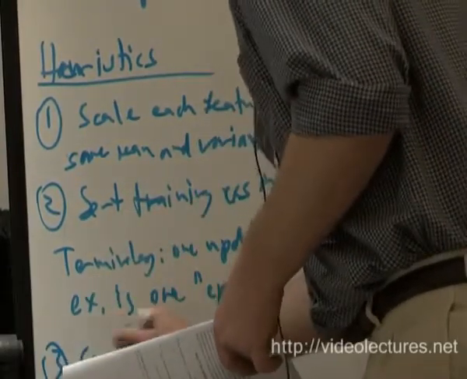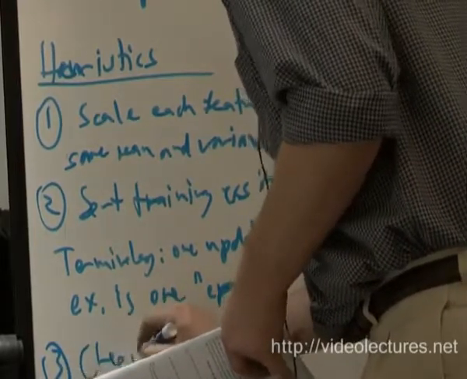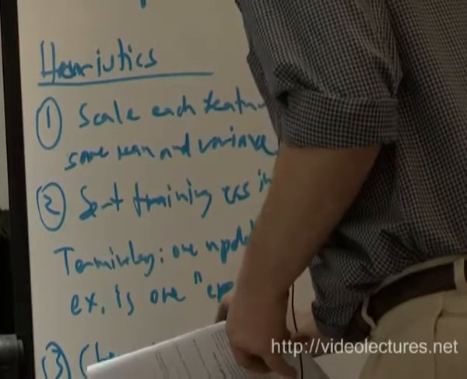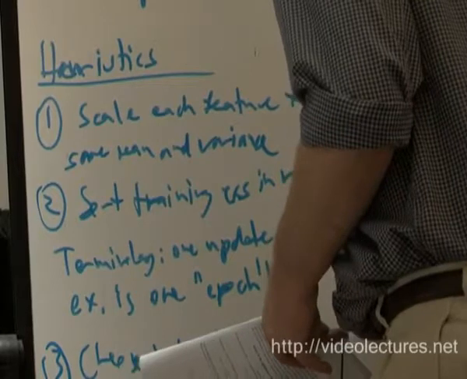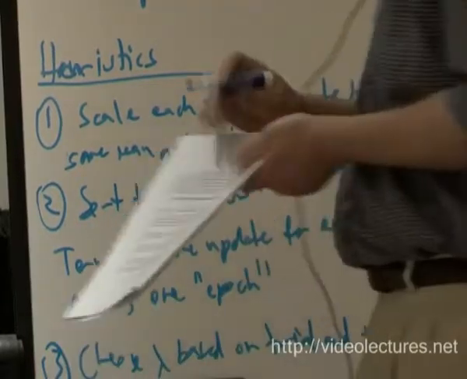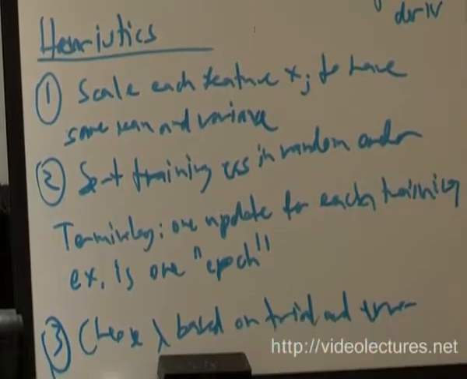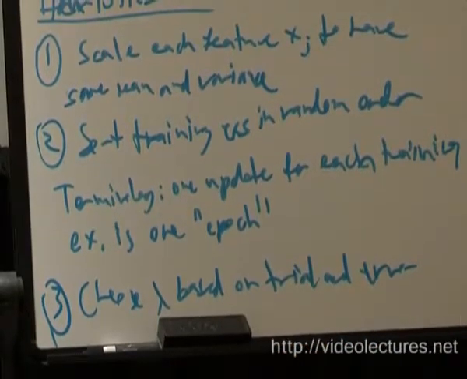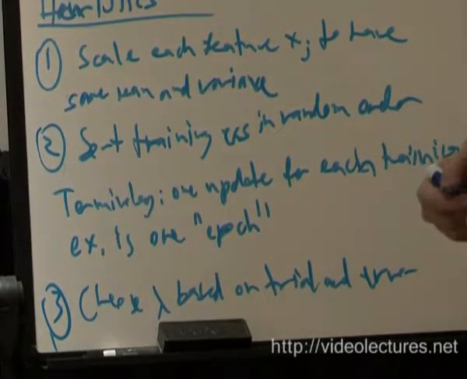Choose lambda based on trial and error. So what that means is that there isn't any good rule of thumb for how to choose lambda. It's going to depend on your particular learning problem. But lambda is just a single real number, so it's not too difficult to try some different values and find one that seems to work well.